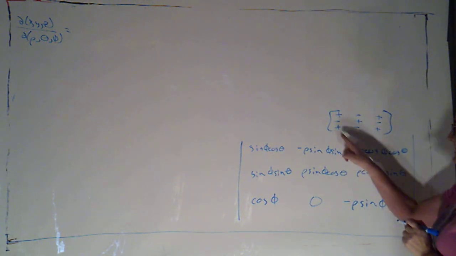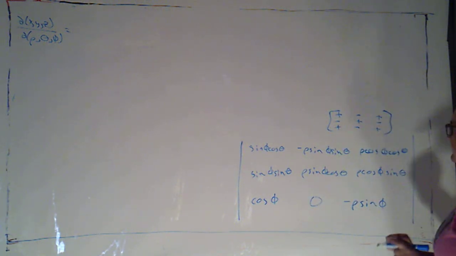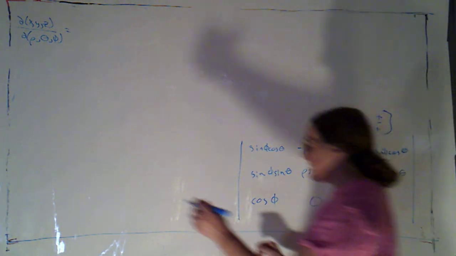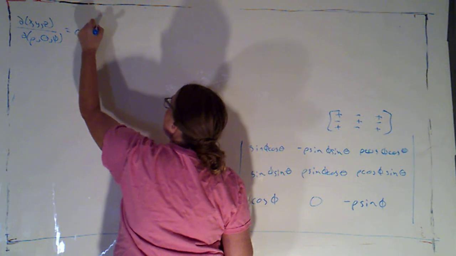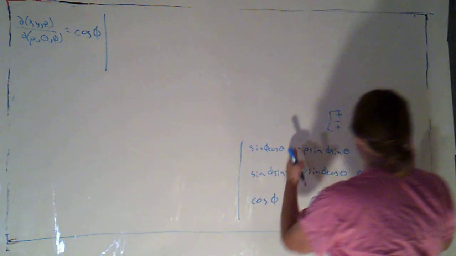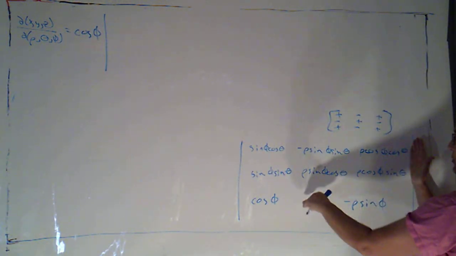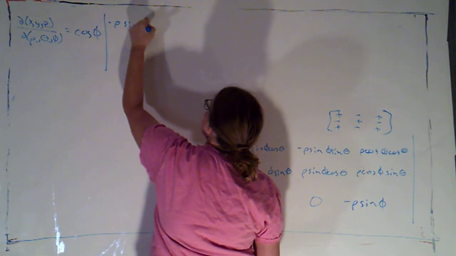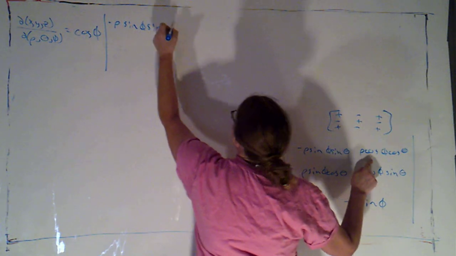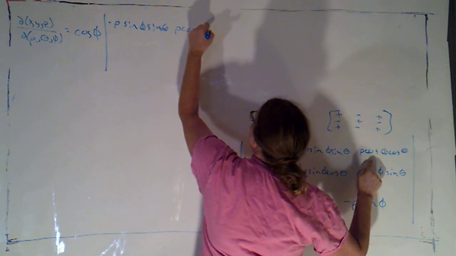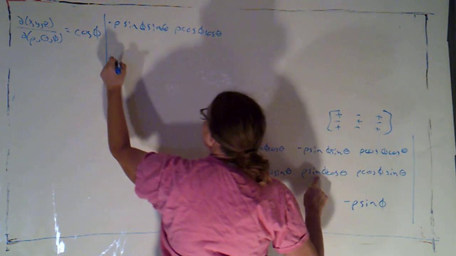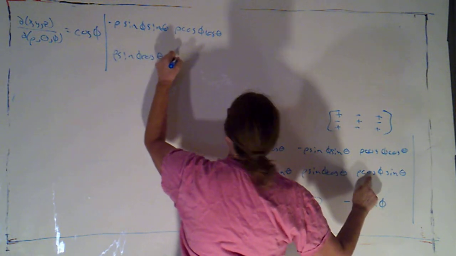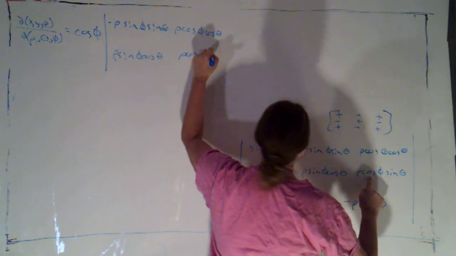Okay. So I'm going to keep the sign of my first term, change the sign of the middle, keep the sign of the third. Okay, so I'm going to get cosine of phi times the determinant of this 2 by 2 matrix right here. So negative rho sine phi sine theta, rho cosine phi cosine theta, rho sine phi cosine theta, rho cosine phi sine theta.